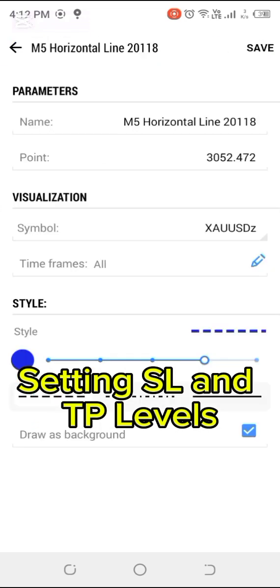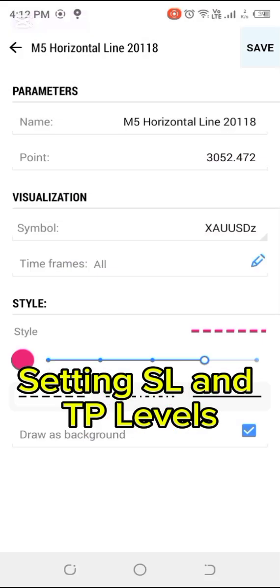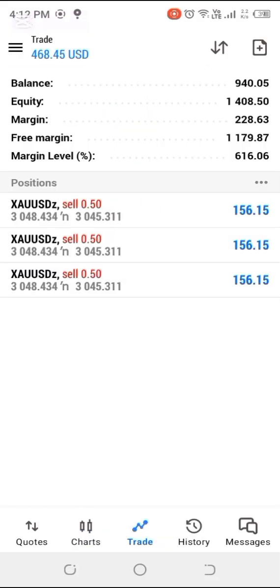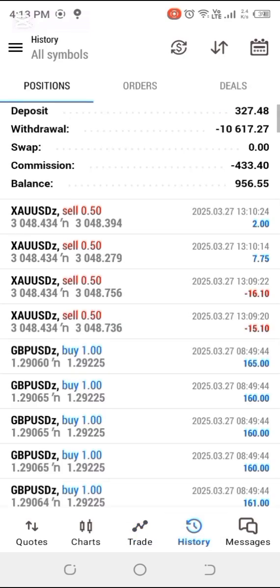So that's 1 to 2 risk to reward ratio. For me, that is okay. But anything more than that I'll still take it. So I waited.